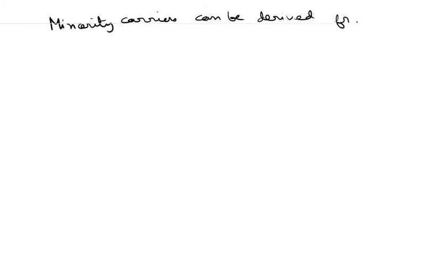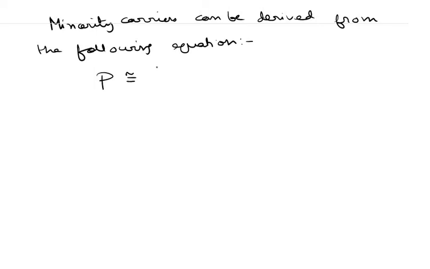And we have seen earlier that the minority carriers can actually be derived by the following equation from the law of mass action. So in n-type semiconductor, the holes are the minority carriers. So holes in case of n-type semiconductor are basically given by Ni square divided by Nd.